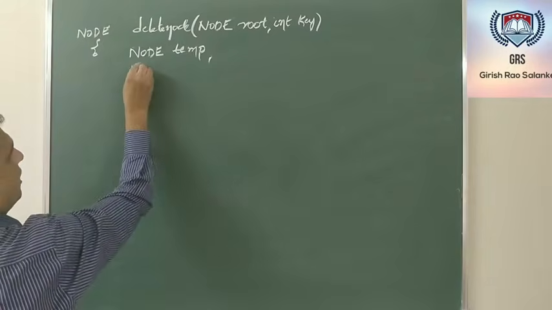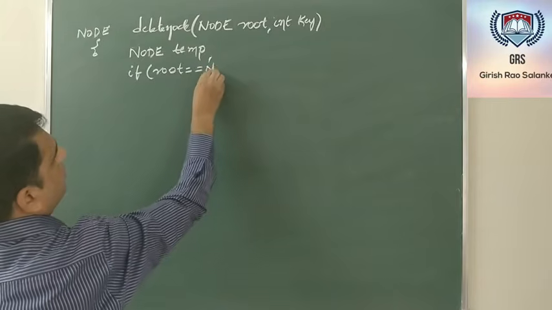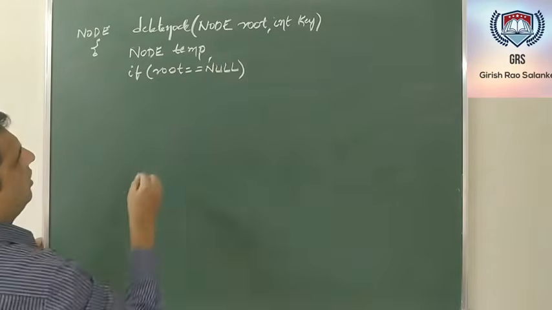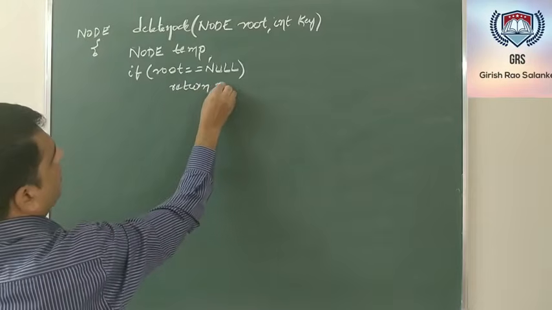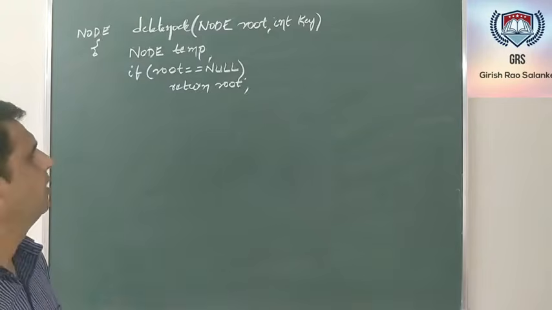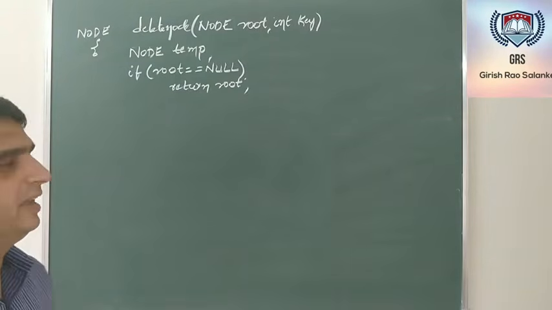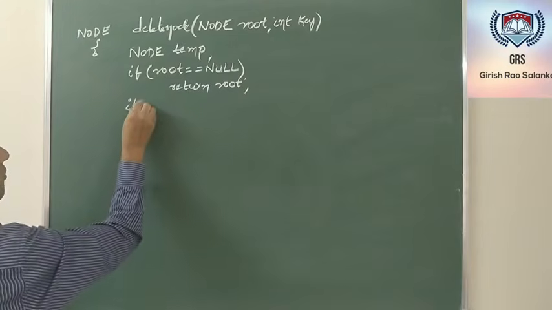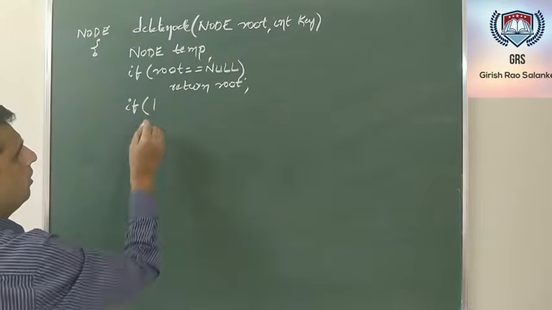First thing is we'll check if the tree does not exist. If root is equal to null, return root or return null. Anything, both are fine, because anyway null is there in root. Second case, I'll check the key to be deleted.